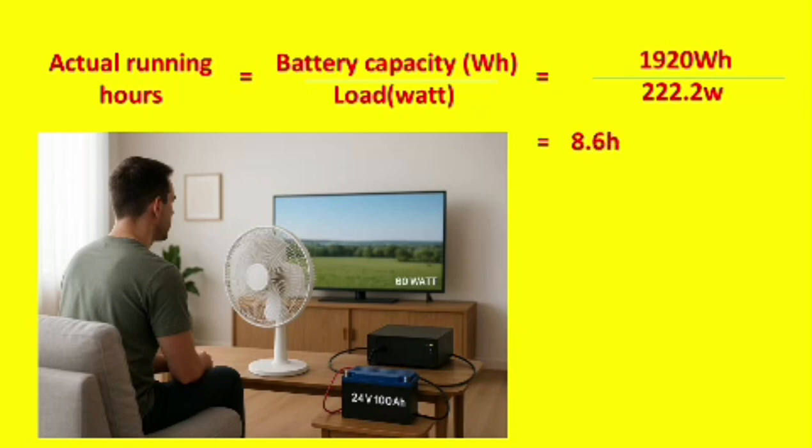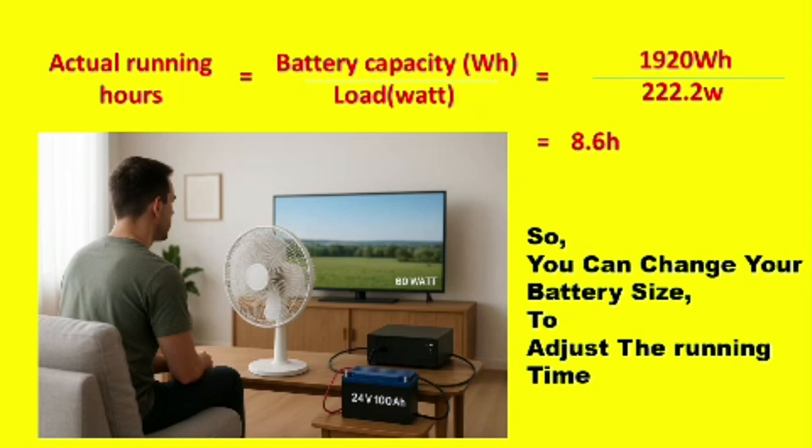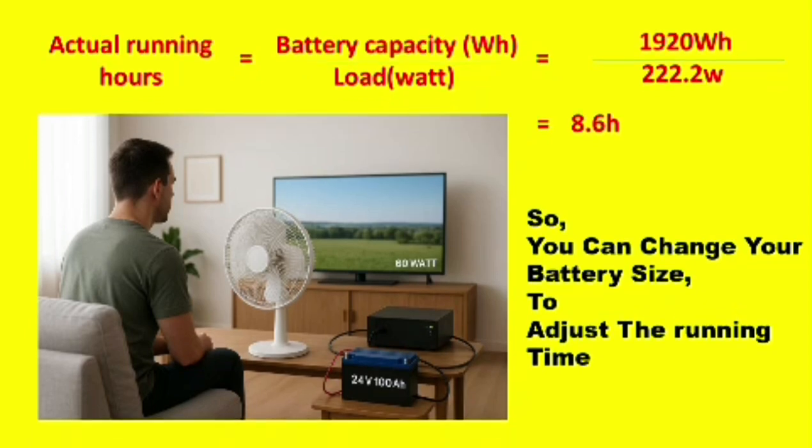You can adjust this load running time by changing the battery capacity. Now I am going to show you how to select the battery voltage according to the inverter requirements.